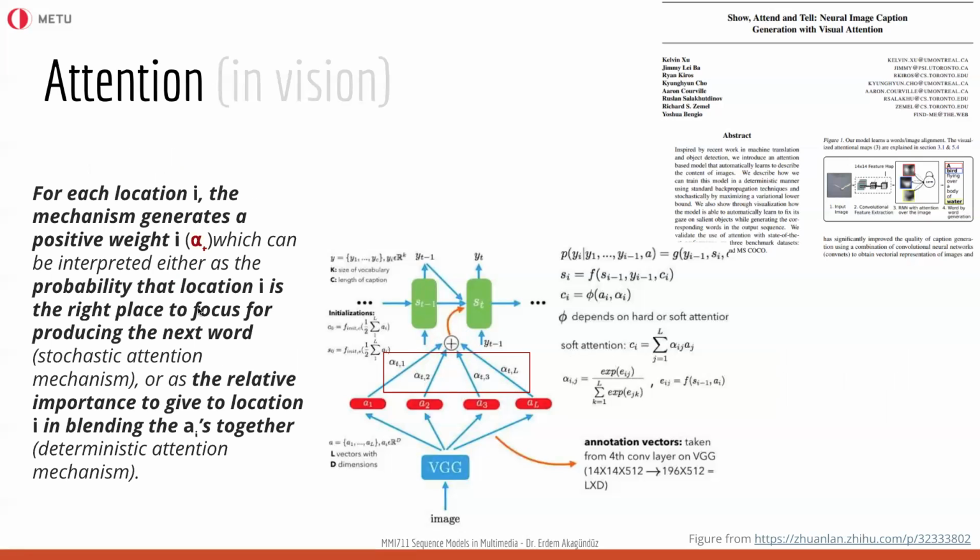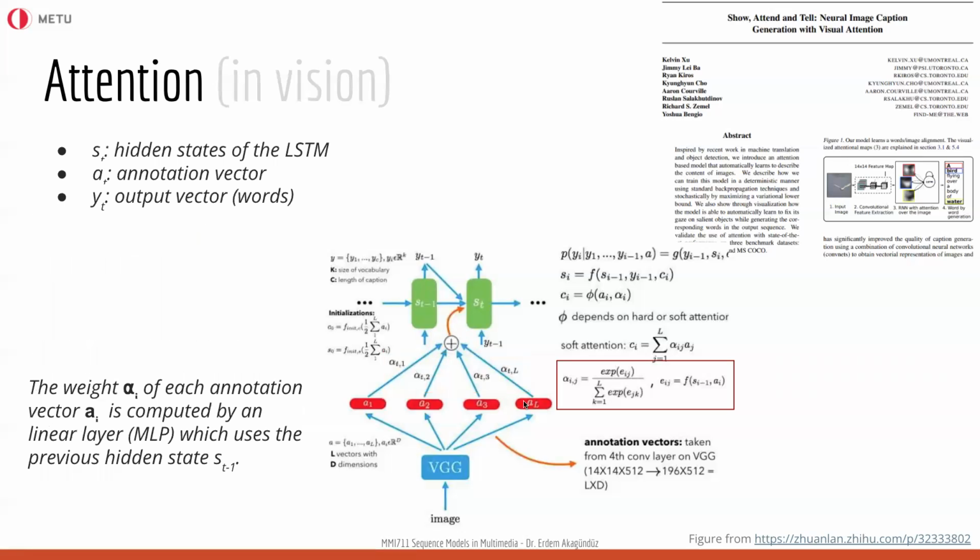It can be interpreted either as the probability that location i is the right place to focus for producing the next word, or the relative importance to give to location i when we're blending all of them together. So if I'm going to focus on one part only, the hard attention, it will be that part only. If I'm going to make a combination of them, alpha will be how important that part is to me when I'm creating the next part.